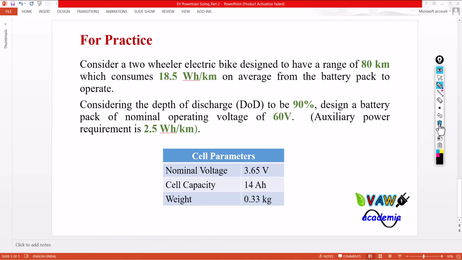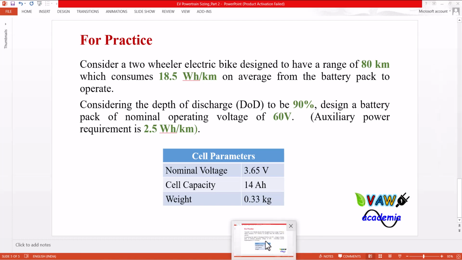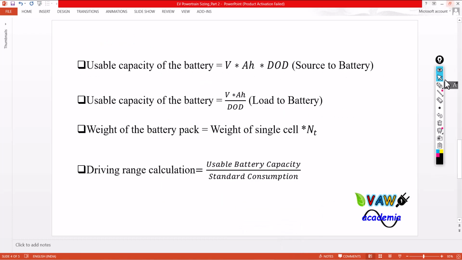Second, how to calculate the available energy? It is very simple. If you look at this, I need volt into ampere hour into depth of discharge. Depth of discharge is given for practice, it is 90%.